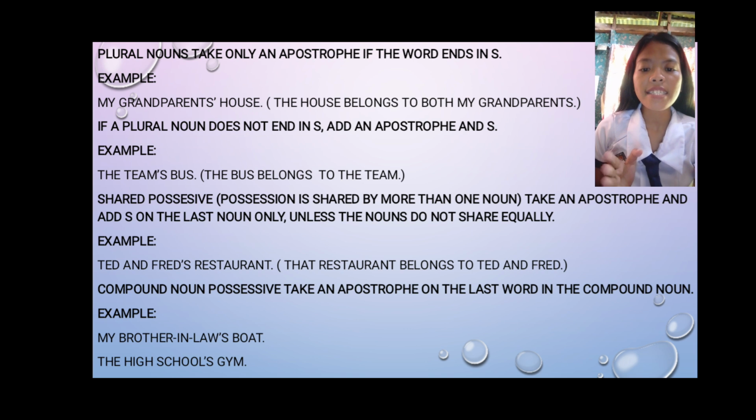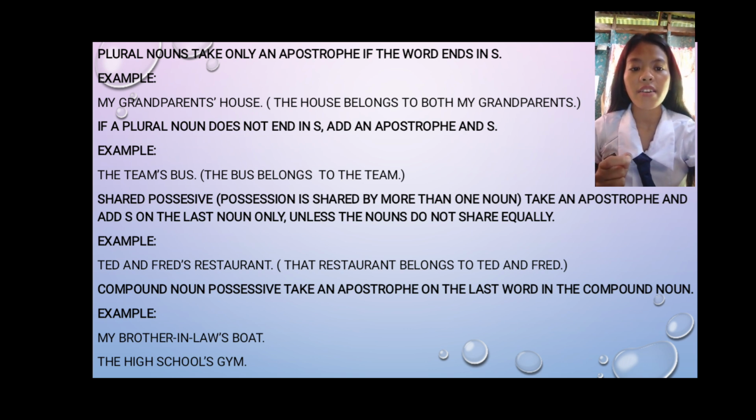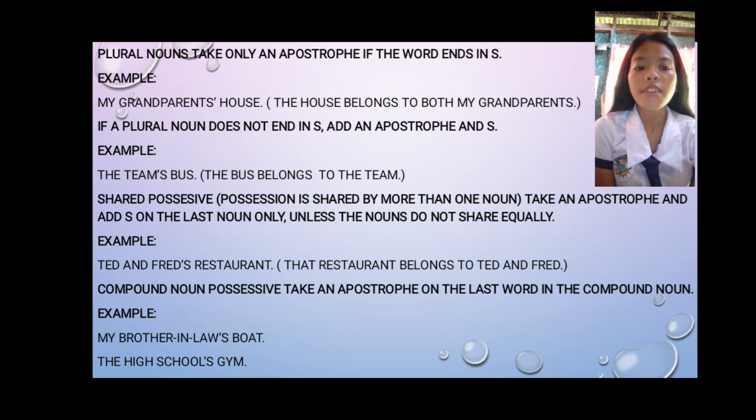Since the last noun is Fred, we will add the apostrophe S there, because according to this rule, we add an apostrophe S to the last noun only if two nouns are involved. The restaurant was owned by Ted and Fred.